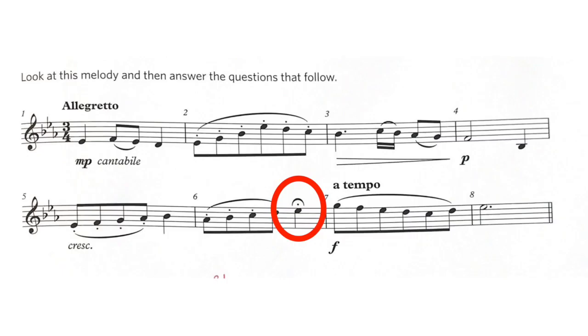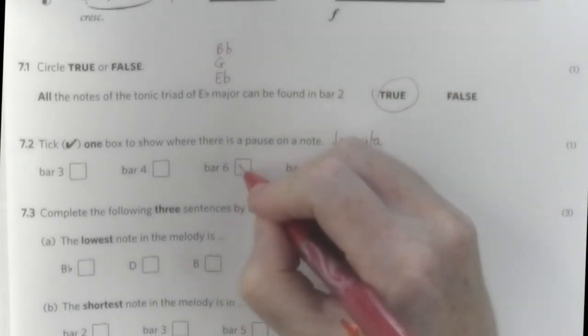Question 2, we need to find one bar where there is a pause on the note, and that bar is bar 6, where we see this symbol, which means fermata. Fermata is a stop, like a bus stop, for example.